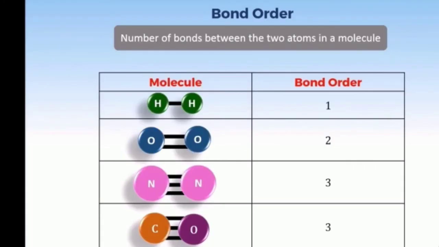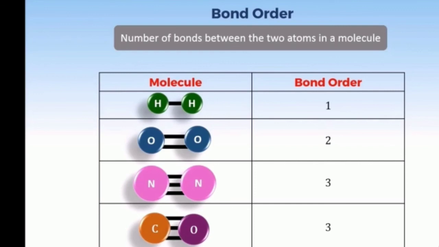Next bond parameter is bond order. It is the number of bonds between the two atoms in a molecule. For example, hydrogen molecule contains one bond between two hydrogen atoms, so the bond order is 1. In the case of oxygen molecule, it contains two covalent bonds between two oxygen atoms, so the bond order is 2.